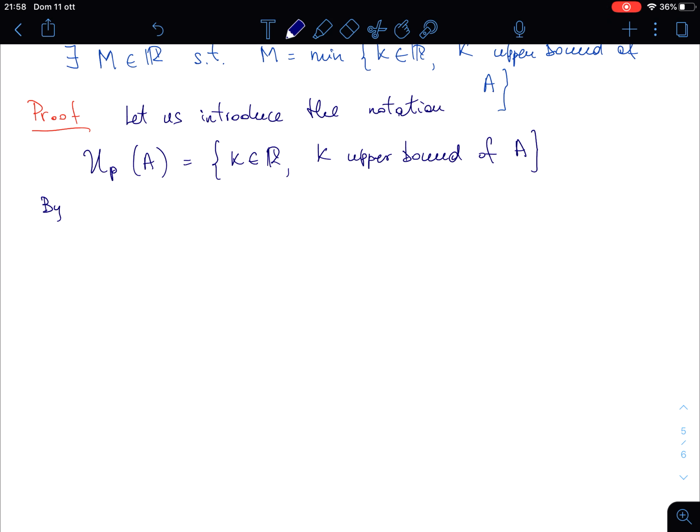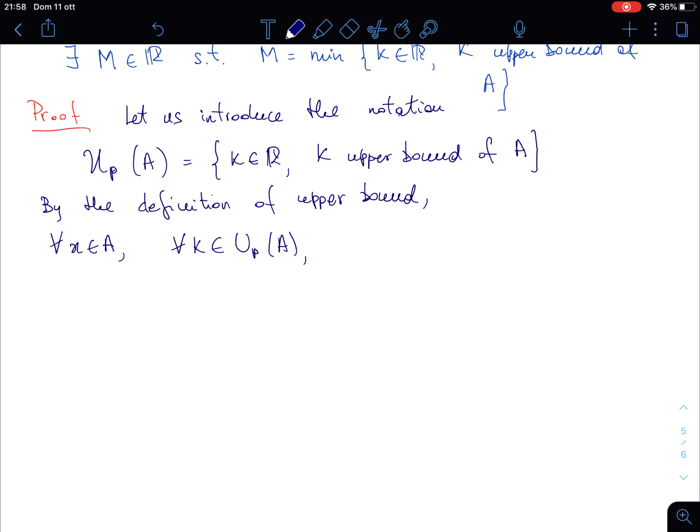By the very definition of upper bound, one immediately has that for every x in A, for every k in up of A, x is not larger than k.